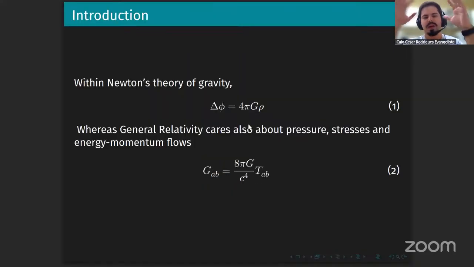So we all know that in Newtonian theory, the gravitational field is pretty well described by the Poisson equation. But what you have there is that masses and densities will give the description of the gravitational field, whereas general relativity will also care about pressure, stresses, and energy momentum flows, which is a much more complicated equation.